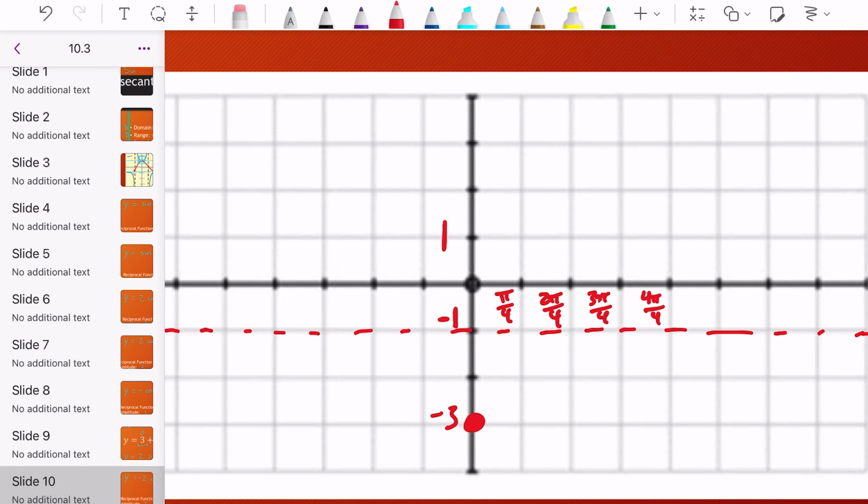We're going to go up to the midline, up to the maximum, down to the midline, down to the minimum. In this case, we're going to connect our dots.